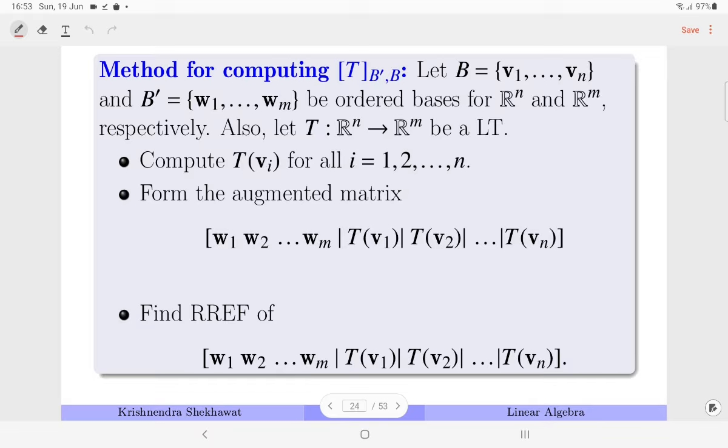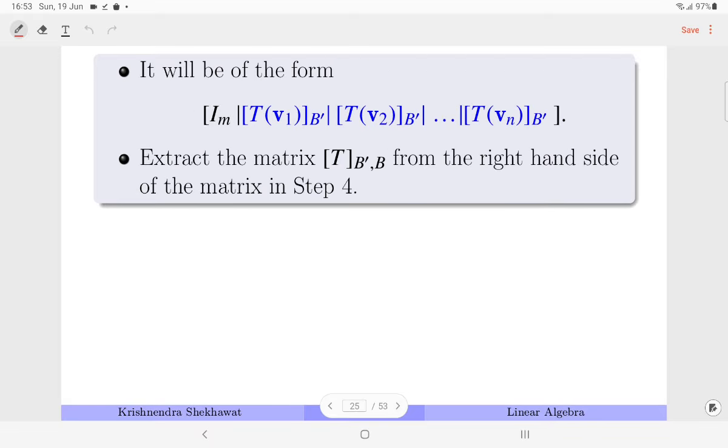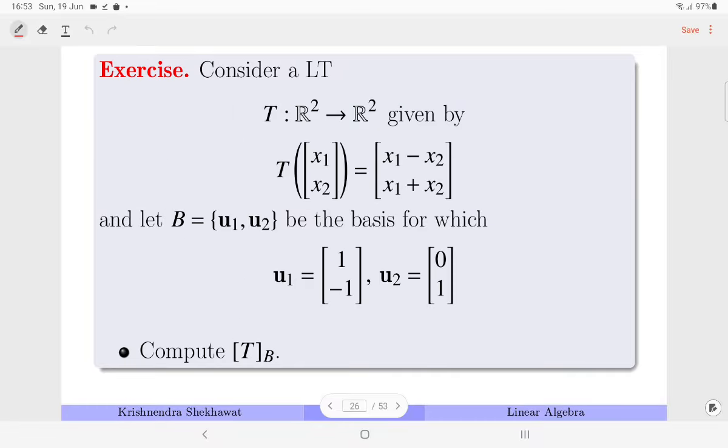While computing RREF, the left side becomes the identity matrix and the right hand side gives us the required matrix. If you recall the section change of basis, then this method is very familiar and very easy to use. Let's see some questions based on this method.